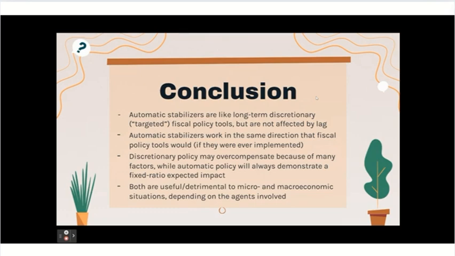With automatic stabilizers, a lot of people have problems with the tax brackets fundamentally, like how there's this group of people who shouldn't have to pay this amount more just because they make more money.